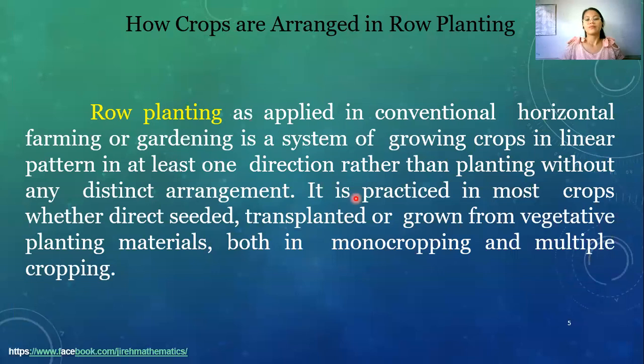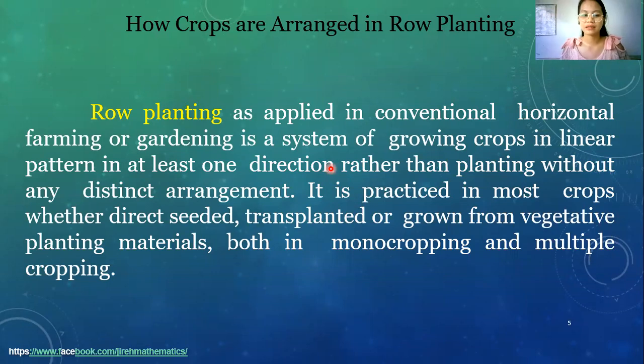Now, having seen that, we might ask how crops are arranged in row planting or in a garden layout. Actually, row planting is applied in conventional horizontal farming or gardening. It is a system of growing crops in a linear pattern in at least one direction, rather than planting without any distinct arrangement.